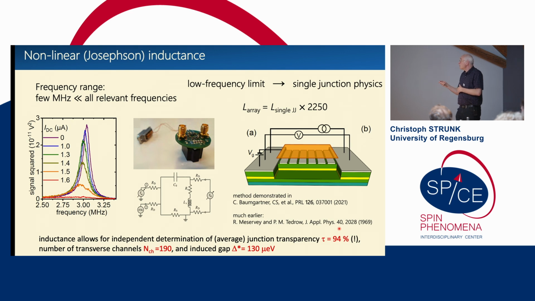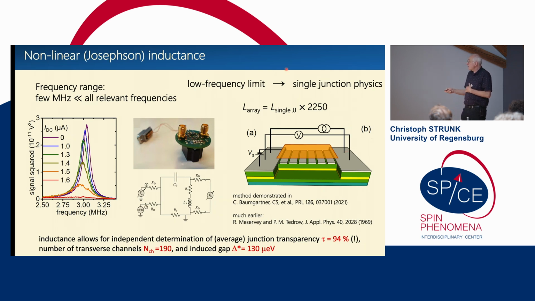So in order to gather enough inductance, we take a long chain of these junctions so that the inductance of each individual junction adds up. We work at relatively low frequency so that we avoid excitations of this chain.